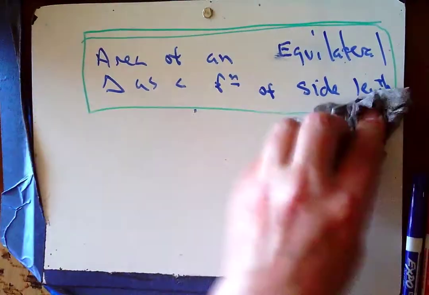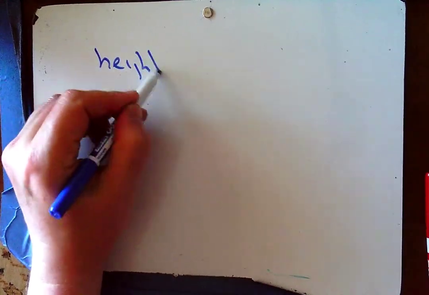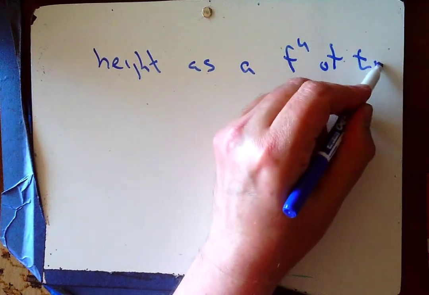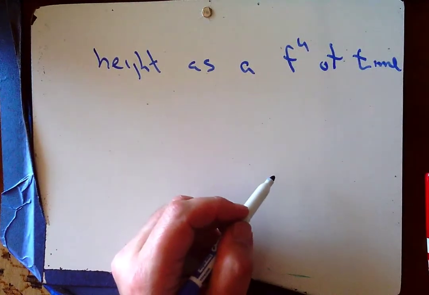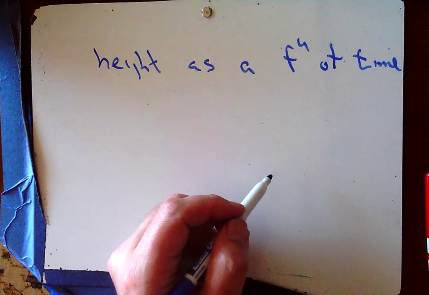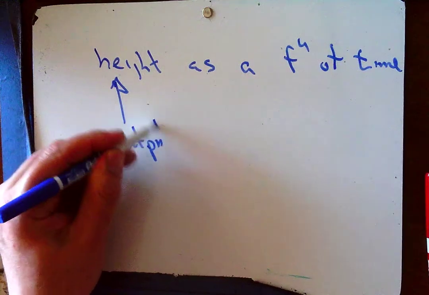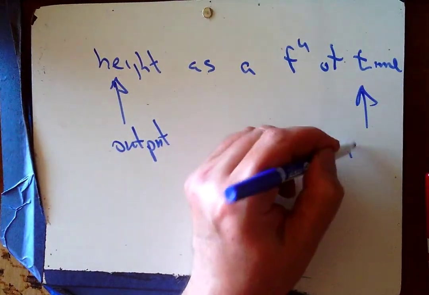Okay, so we did a little work writing something as a function of something else. We did some conversions in that, and I think that was pretty useful. One other thing I want to say, when I see height as a function of time, I just want to reinforce, from an English language perspective, this word is the output. This word is the input.